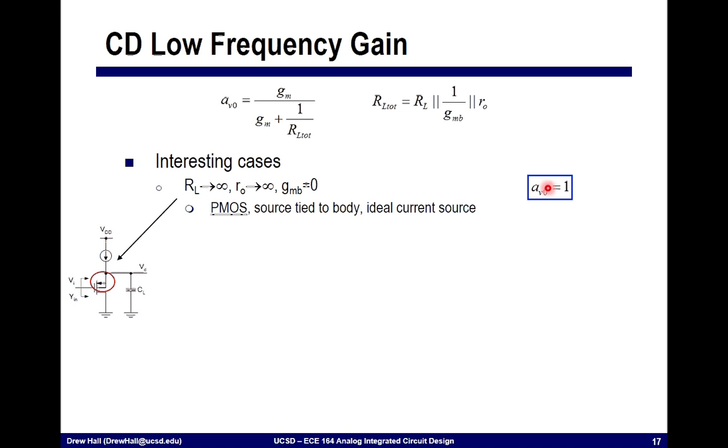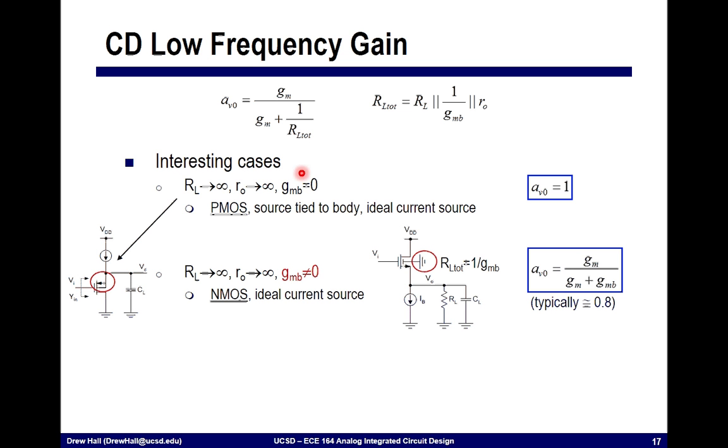Okay. In this case, the gain is actually ideally exactly 1. This is useful, but it does make a couple of assumptions that don't always hold in practice. Namely, it's very hard to say that the output impedance is infinite and that the load resistance is also infinite. This also can never happen for an NMOS simply because we can't tie the body to the source together, so we can't ever get this GMB term to go away.